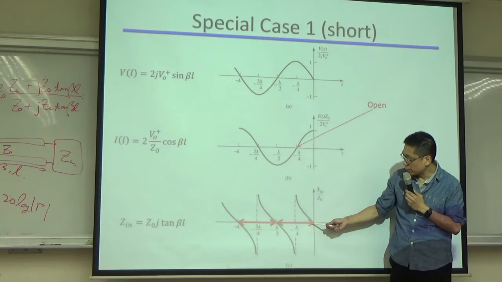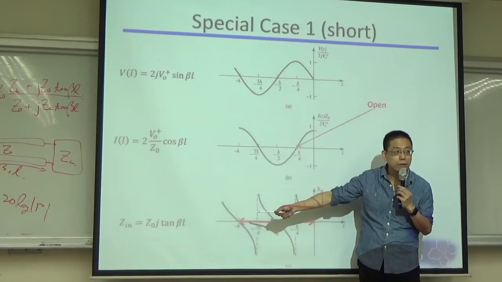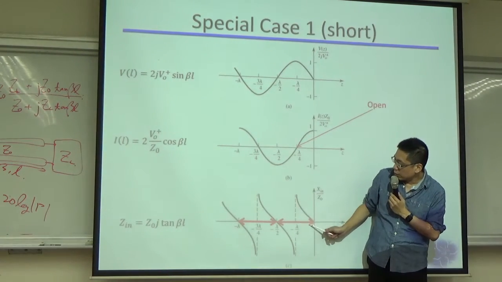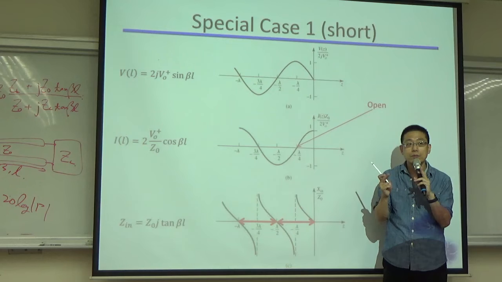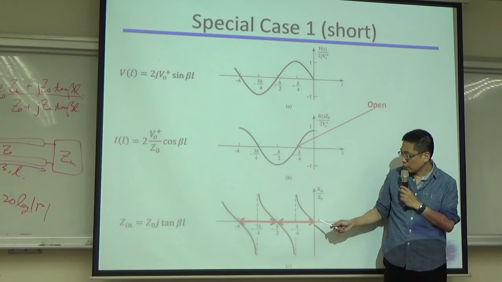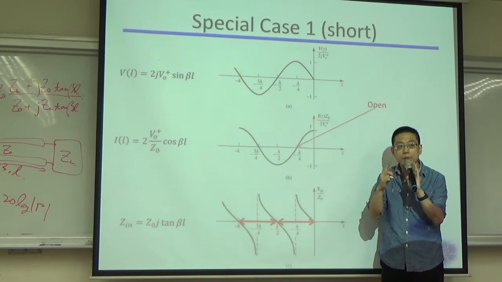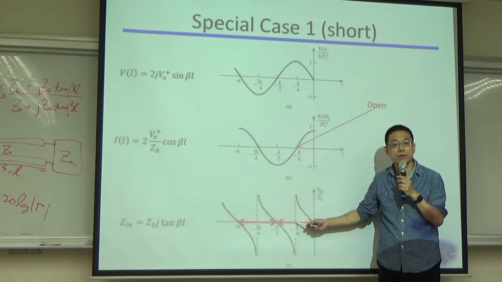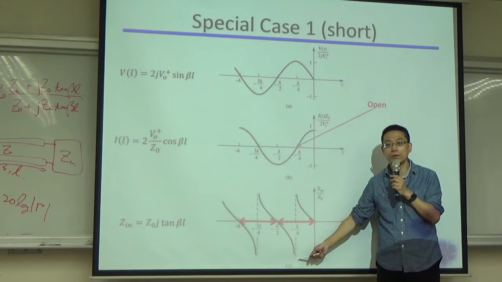But from the tangent beta L, you can see that when the length of this transmission line is a quarter wave, lambda over 4, your short impedance will become an open because your impedance goes to a positive or negative infinite value, a huge one.